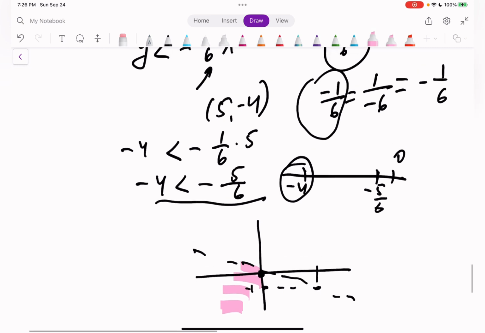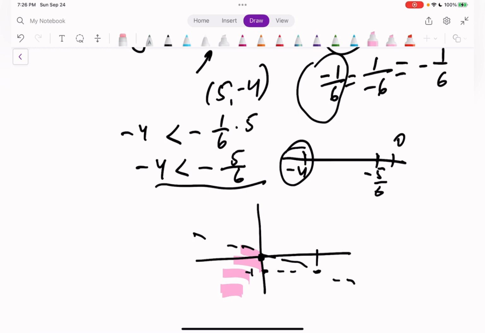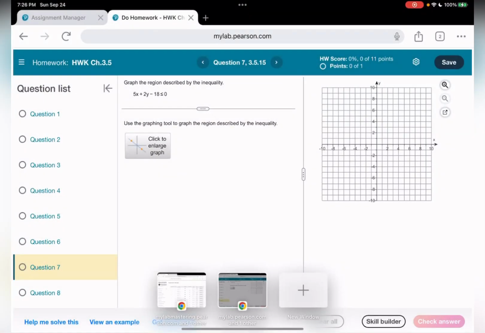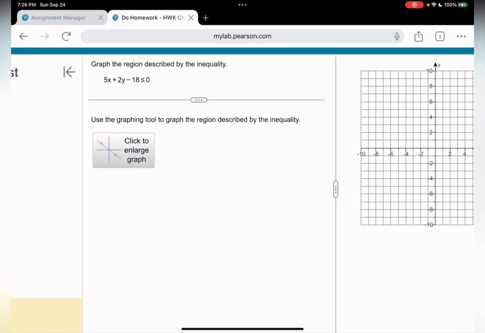It's 5 and negative 4, right? We got 5 and negative 4. So this side is going to be our solution. Okay. Going back to number 7. So what do we have? Let me take a picture of this problem so I can write it down. Okay.